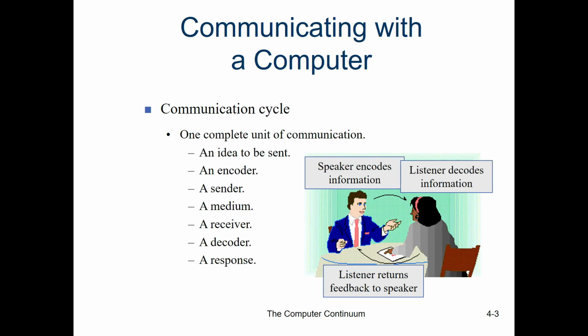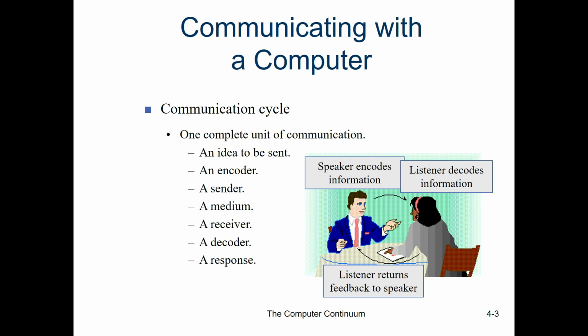Now, a common cycle of communication with a computer is like this: there is an idea to be sent. Let's say you want to send something through a computer. That's an idea, okay? So you need to send an idea, and there's an encoder which encodes your idea, and then sends it through a certain medium.